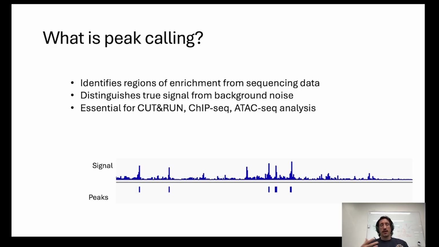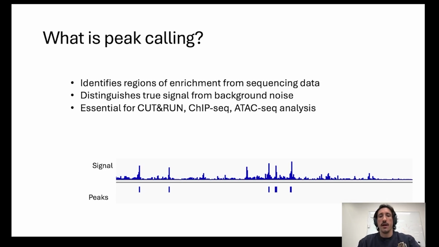And peak calling is a computational process that takes those raw reads and identifies specific genomic regions with statistically significant enrichment. It's basically asking, where do I have way more signal than I'd expect by chance?